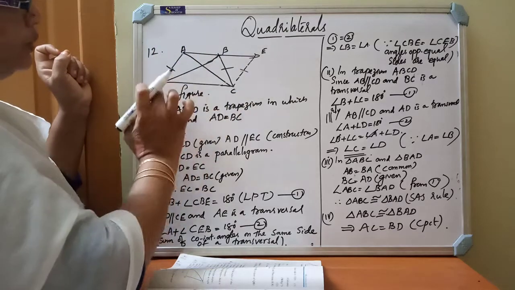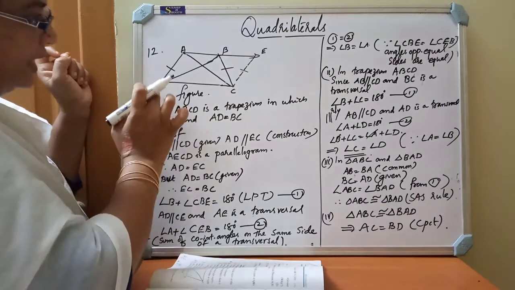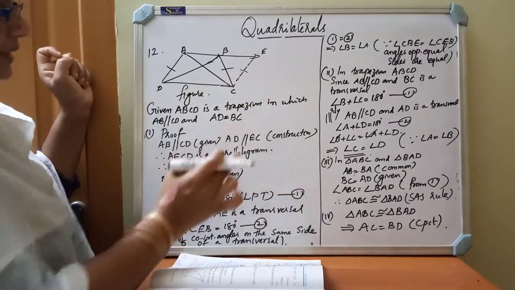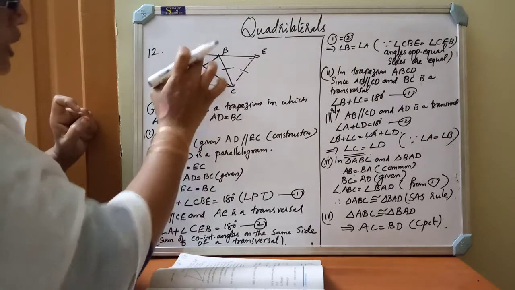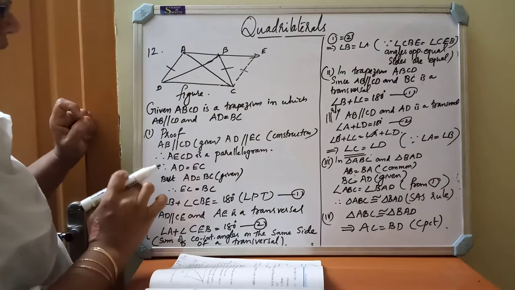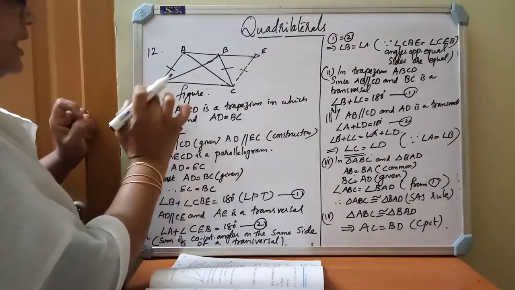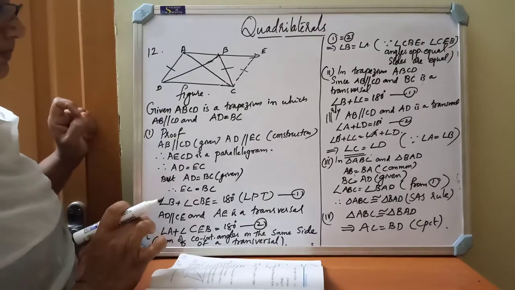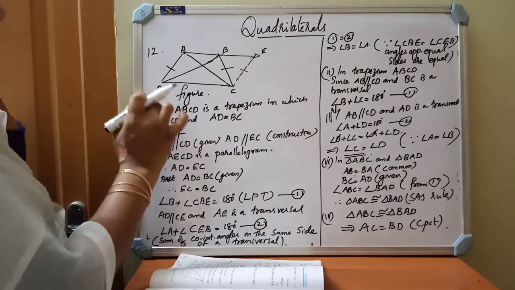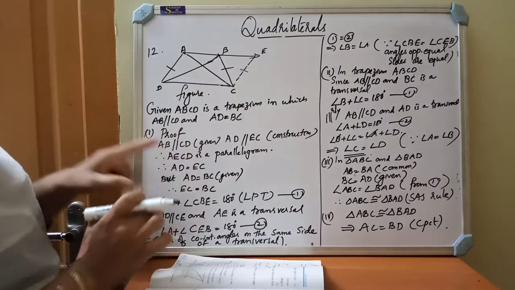AB parallel to DC is given in the question data, and AD parallel to EC we are doing as a construction. So these two sides are parallel, in the same manner these two sides are parallel, so we can say that AECD is a parallelogram.